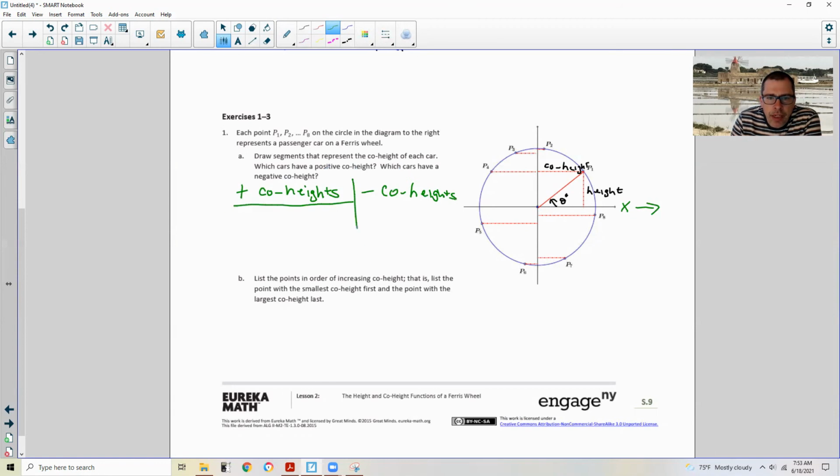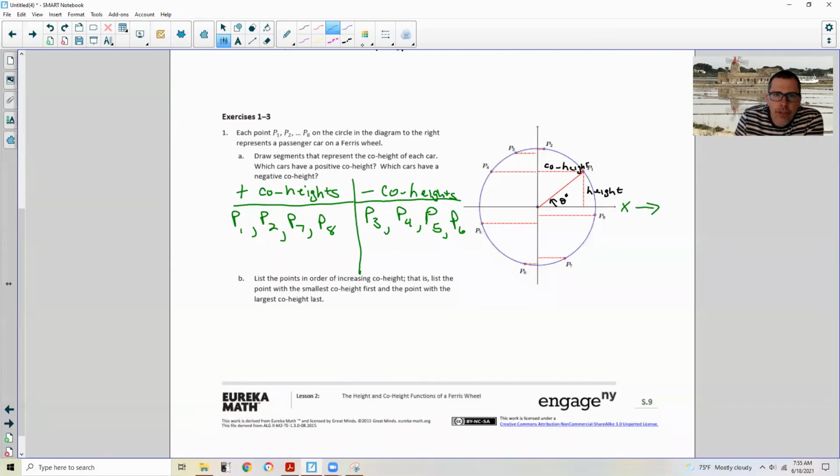Okay, so I'm just going to do a table here. So the positive Kohheits are P sub 1, P sub 2. P sub 3 is on the left side of this, so this goes over here. P sub 4 is negative. P sub 5 is negative. And P sub 6 is negative. Then we go back to positive. P sub 7 is positive, and P sub 8 is also positive.